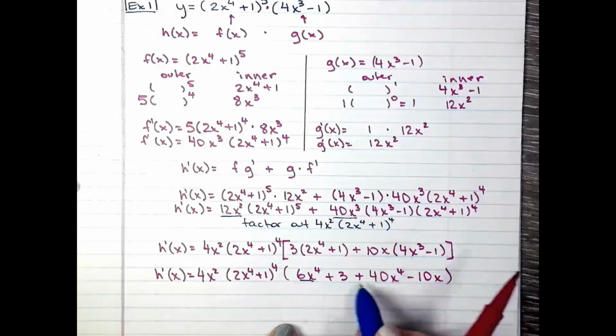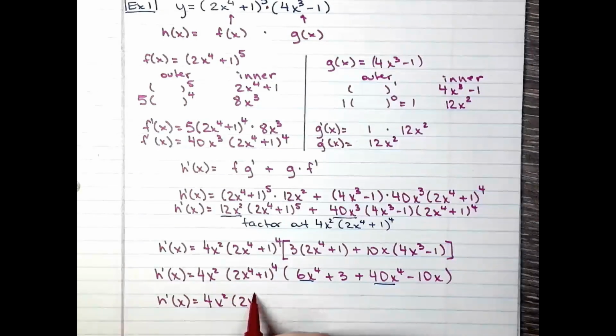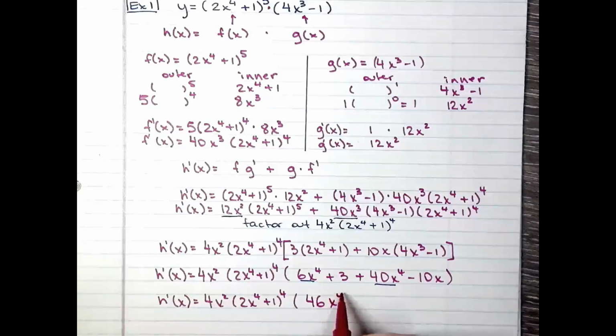Now I'll combine this with this. That will give me 46x to the fourth power minus 10x plus 3.